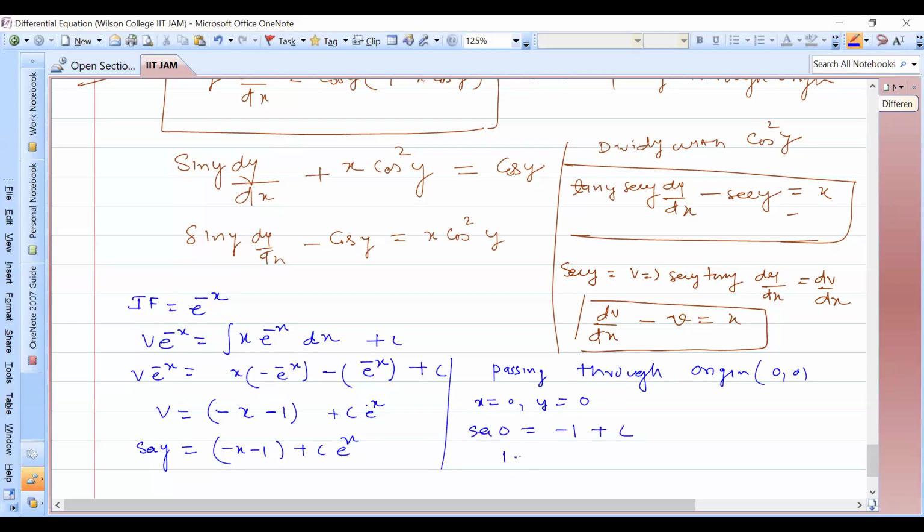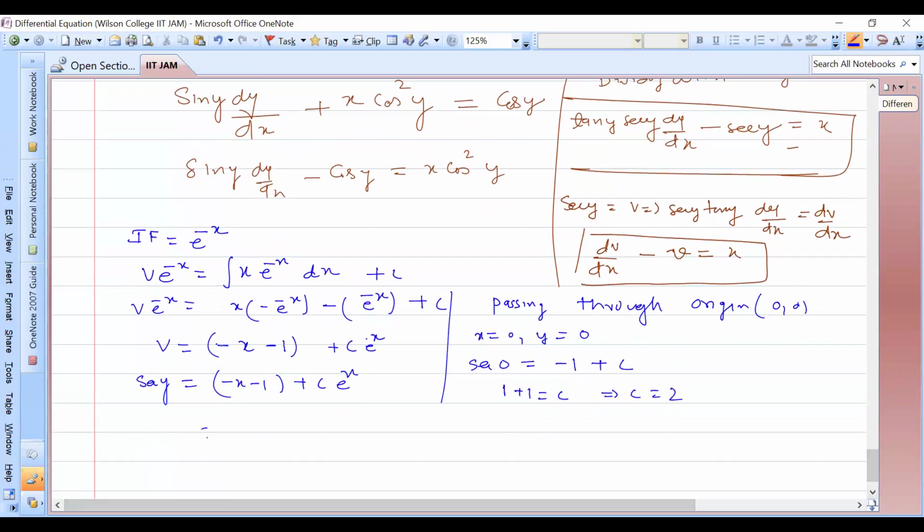Sec 0 is 1, so 1 plus 1 is this, so c equals 2. So basically this is sec y equals minus x minus 1 plus 2 times e raised to x. Done? Yes, sir.